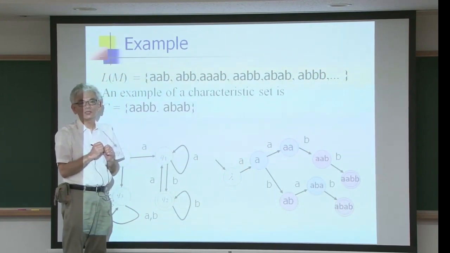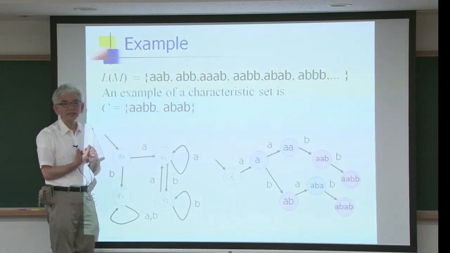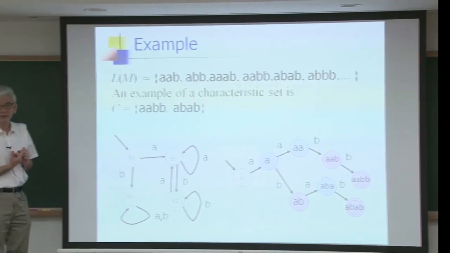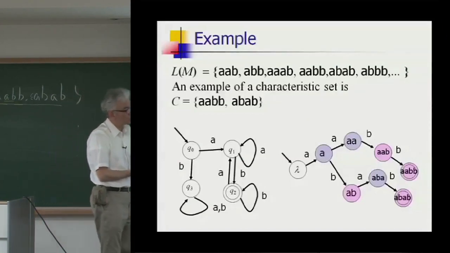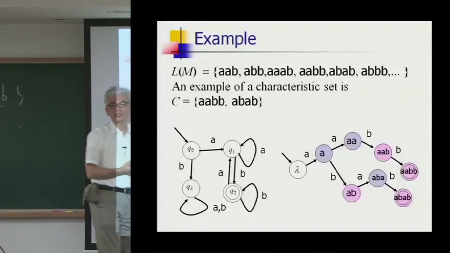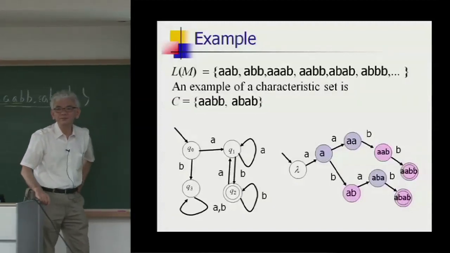So we need some negative examples to avoid the overgeneralization and to induce the algorithm to this correct automaton.